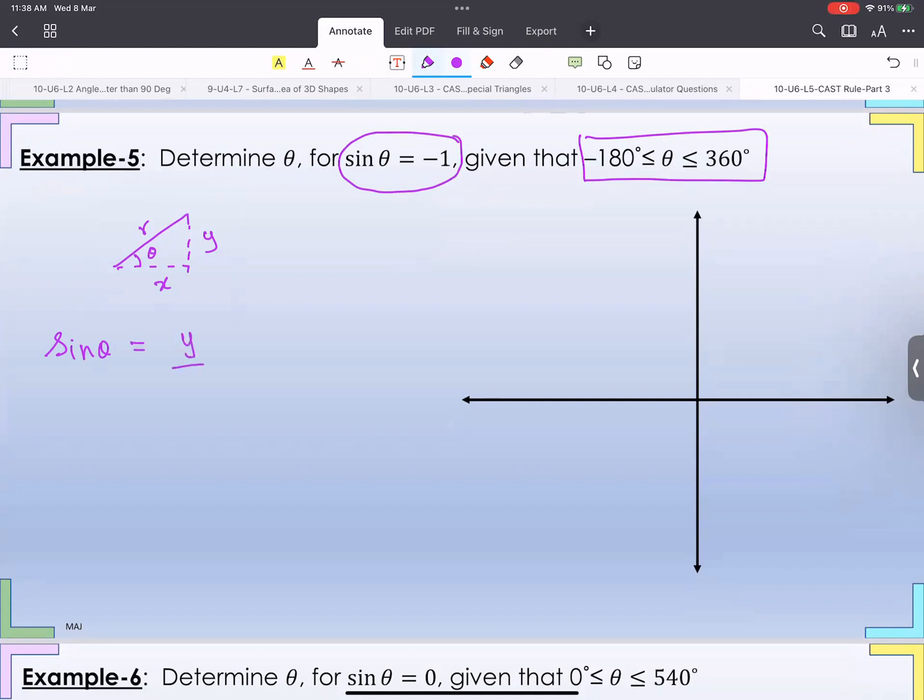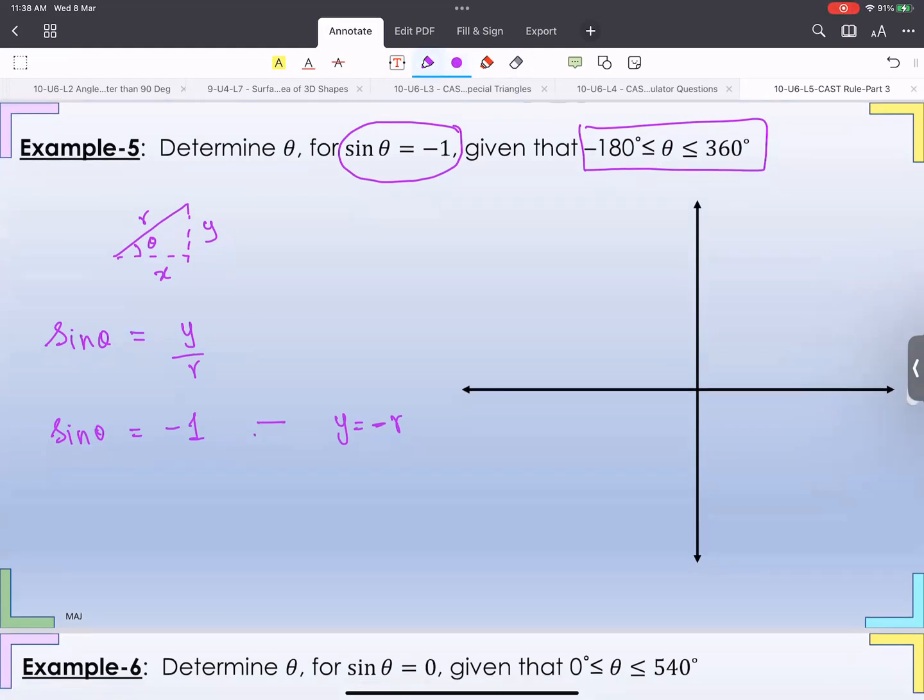Sine theta is y over r. Okay, and sine theta is equal to -1 when y is equal to -r. Right? So when y is equal to -r, that's when sine theta is -1, okay?